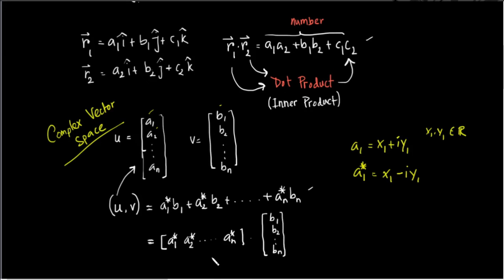If we multiply this row vector by this column vector, we will actually get this number.